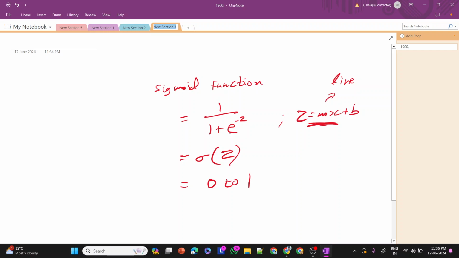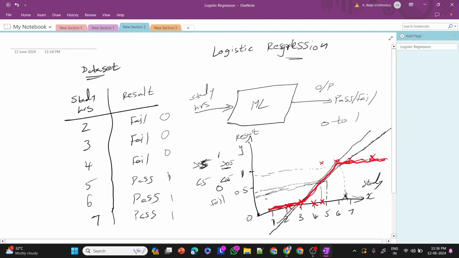Like this, we will squash this line, so that when the input is less than 3 hours, less than 4 hours, less than 5 hours, our output will be 0.